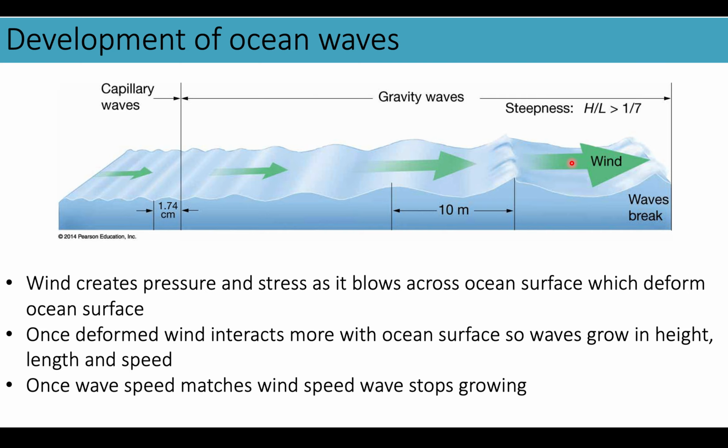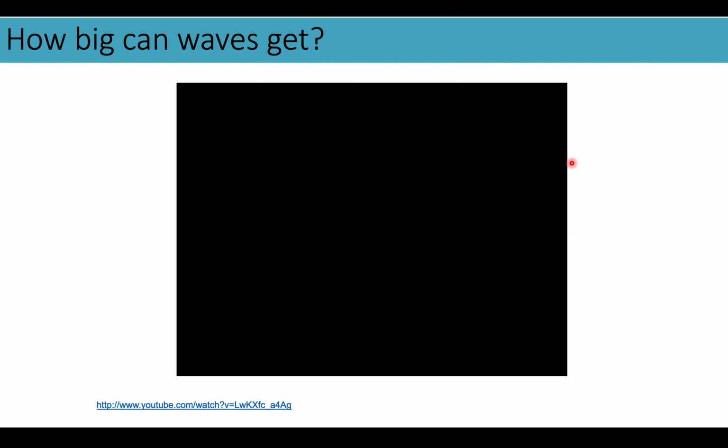They're now the same speed. So that is when the wave also would break, because the wind is no longer pushing the wave. The wave has caught up to the wind, so the wave is going to break. It's going to crumble, fall apart.